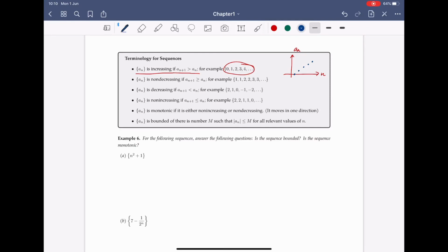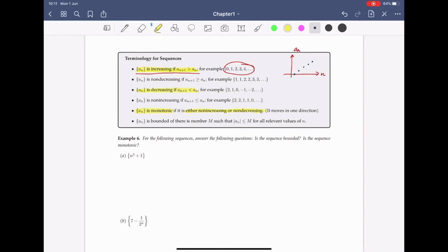So if the question asks you to check if the sequence is increasing or decreasing, you can just draw a graph. That is the best way to do it. Increasing is easy, and decreasing is easy. It's just the opposite of increasing. And then the word monotonic is the word that we use to describe either non-increasing or non-decreasing.